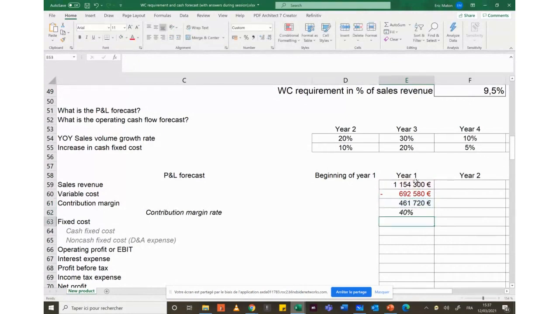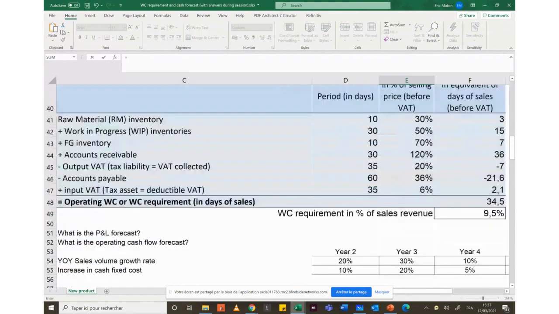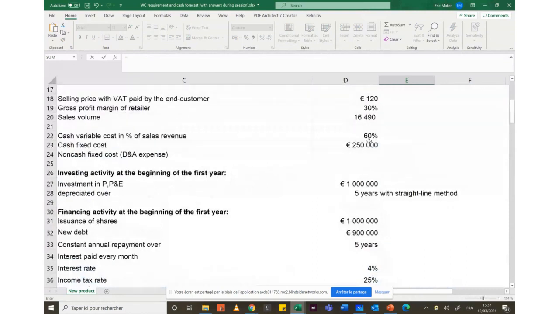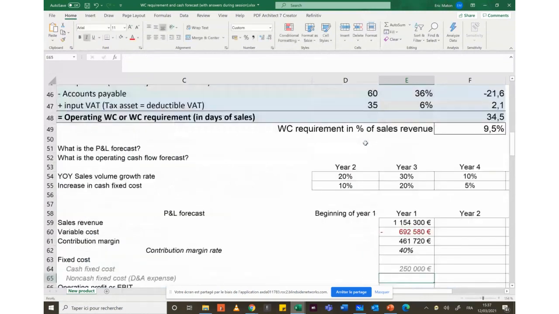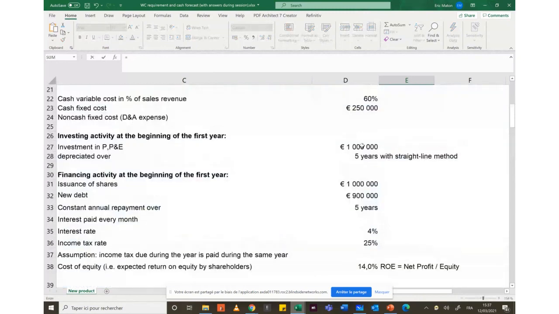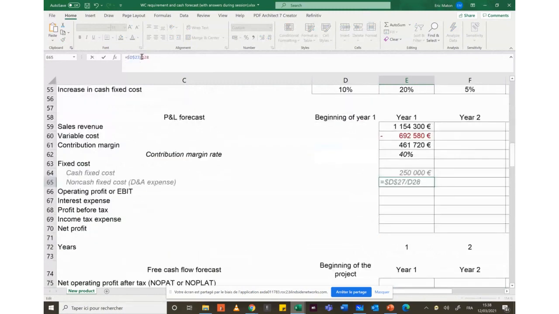In the fixed cost, we have the cash fixed cost, $250. We have the non-cash fixed cost because of the depreciation of the investment. So now the total fixed cost is the sum of the cash and non-cash fixed cost.